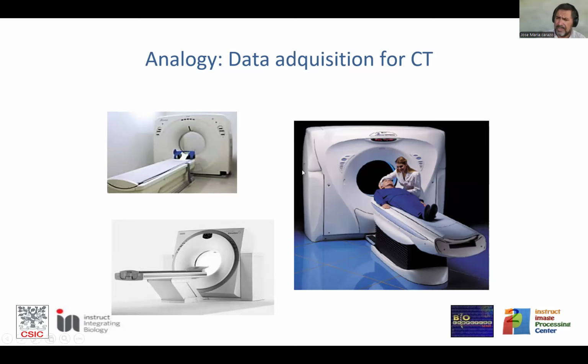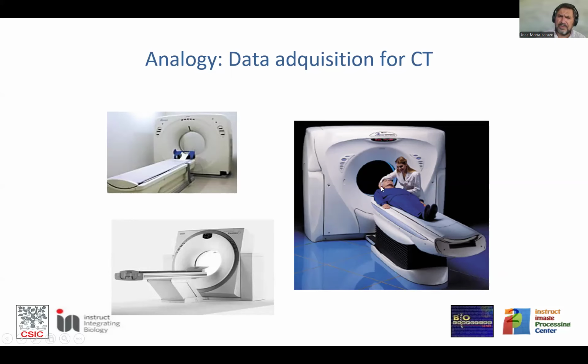And in biomedical imaging, what we do is we put the specimen into a CT scanner, and the CT scanner has to do something simple. That is, okay, if one image is not enough, I'm going to take a number of images and I'm going to go around the specimen. Well, in our case, this specimen is our microscopical sample, which is very precious, but the electron microscope is probably more precious.